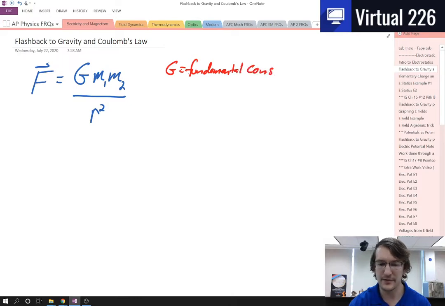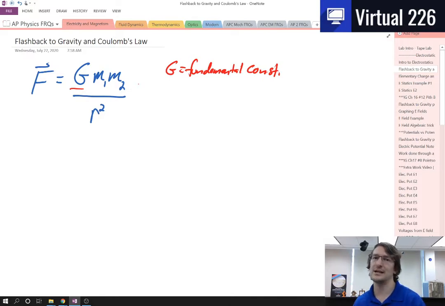And what we mean by a fundamental constant is that the value of G simply exists because here on Earth, we chose meters and seconds and kilograms to be our units of measurement. Whenever scientists started plotting things for this GMM over r squared, a constant appeared in the front of it, which happened to be this G, and it happened to be a certain number simply because of the units we chose.